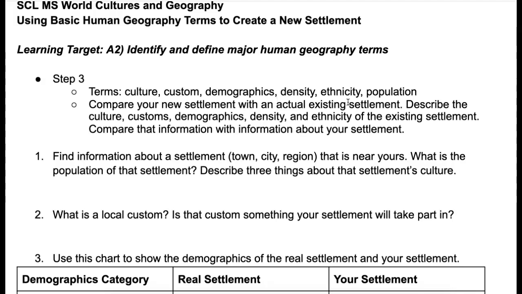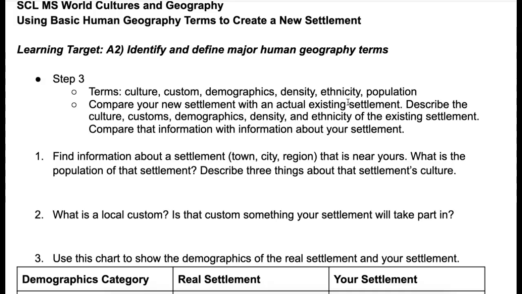This settlement could be a whole region. It could even be a whole state. In some cases, it could even be a whole country. But we'll talk about that in a second. So you're going to describe the culture, the customs, the demographics, the population density, and the ethnicity of the existing settlement. And you'll compare that information with information about yours.